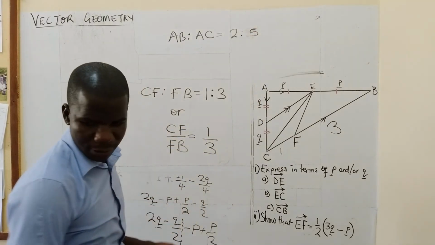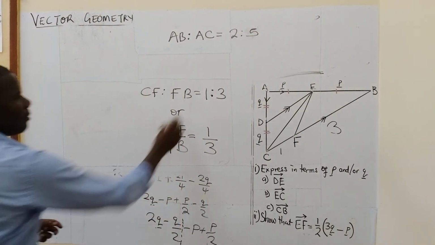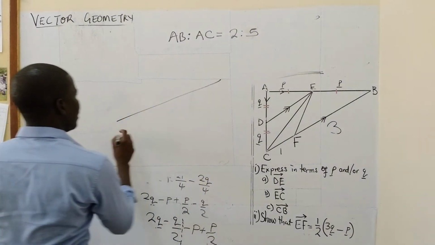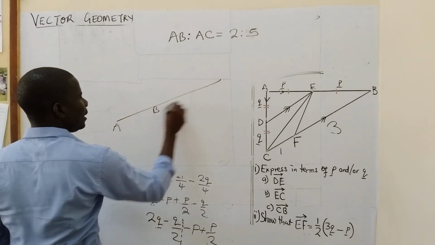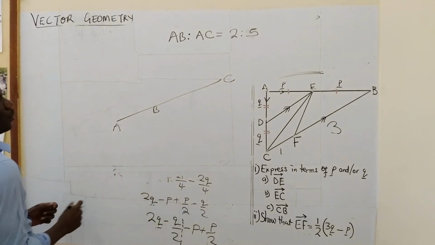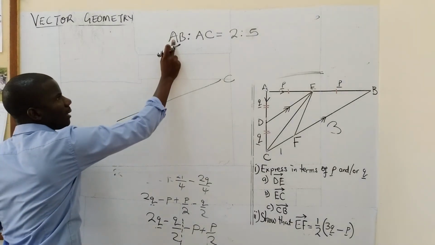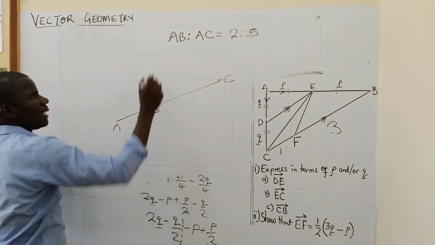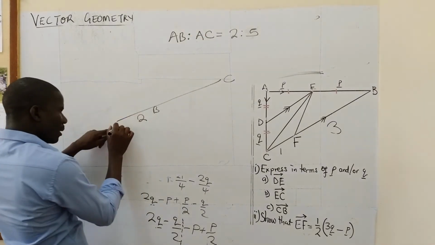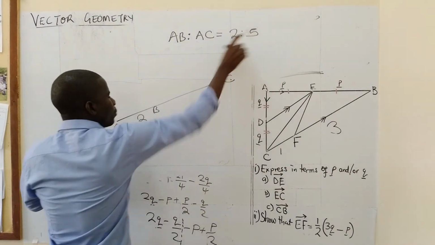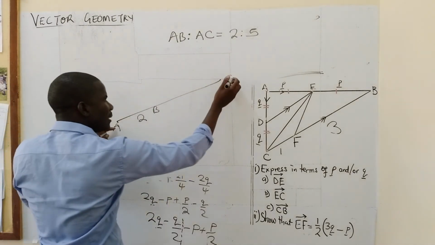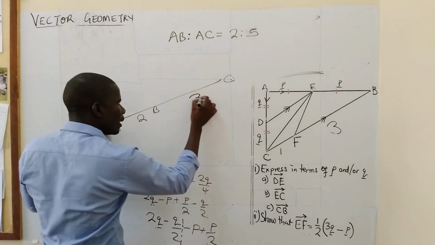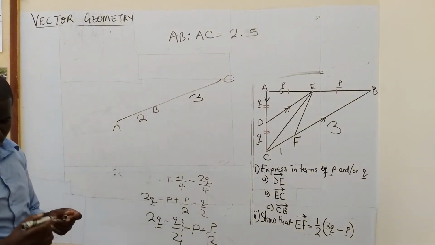You need to understand here that, for instance, this is our A, B, and C. Just an example. They are telling us that AB is equal to 2. Then again here they are saying that from A up to C, it is 5. So from this starting point up to the end, it's 5. From the total, we already have 2. So you need to know that the remaining one is for this part. So it can also be given in that manner.